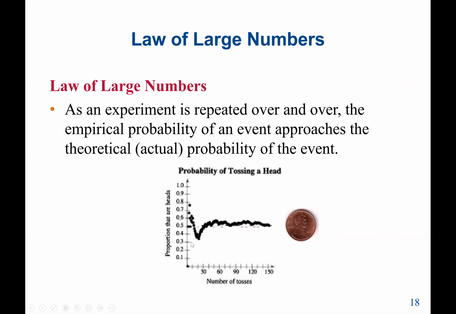When we toss a coin maybe 2 times or 3 times, the answer may vary. Let's say 50 times, we may still see variation. But after we toss it so many times, it will remain constant. In this case, tossing a coin, we have 2 sides, so we may have 50% on each side.